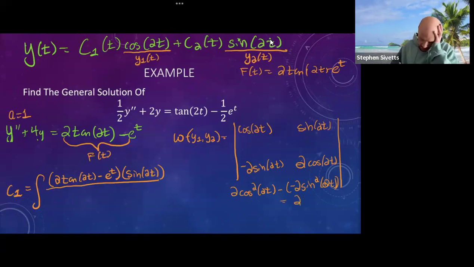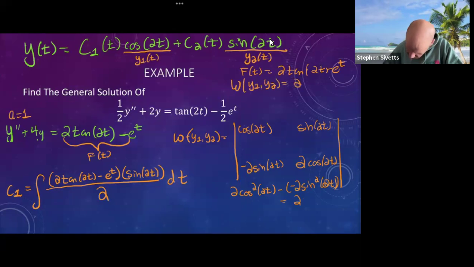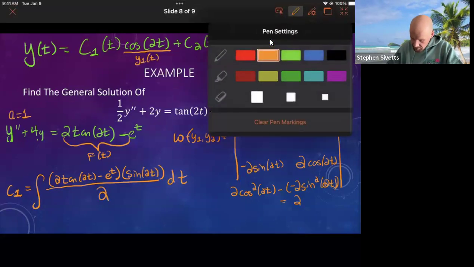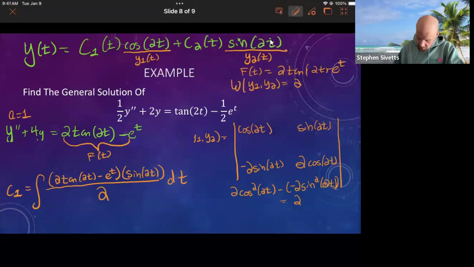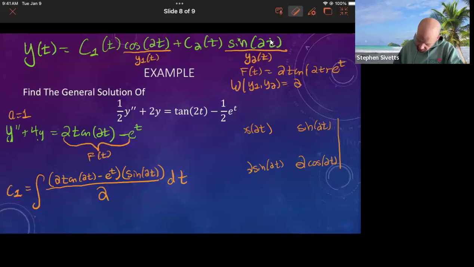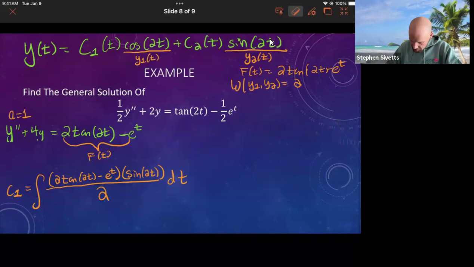So this quantity would be over 2 times dt. So the Wronskian, important note, is 2. That's pretty cool, right? We're going to drop a deuce on this integral. All right. I can't believe I said that.